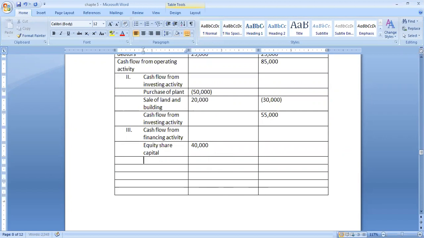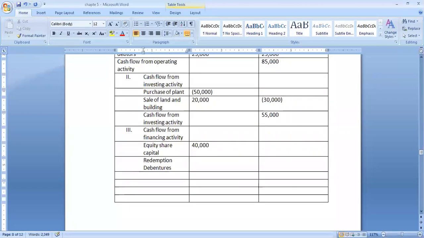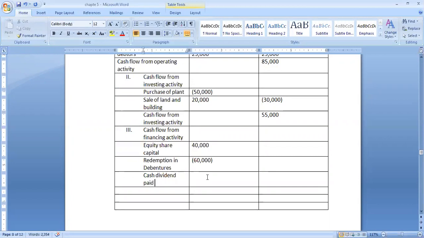And there is also debentures. So debentures is reduced. So you can write it as redemption of debentures. So what is the value of debenture redemption? 60,000. That will be taken into consideration. Fine. There is also cash dividend which is given in the adjustment. Adjustment item should be treated twice. So cash dividend paid is 25,000.